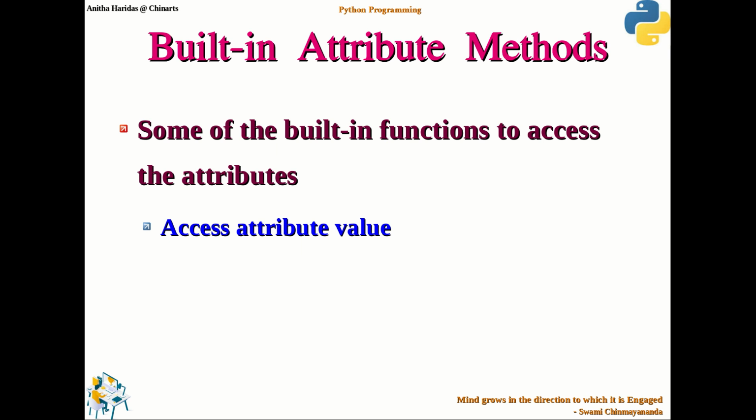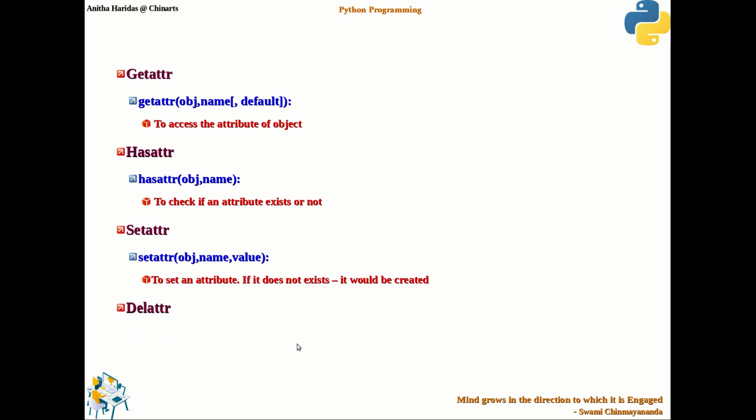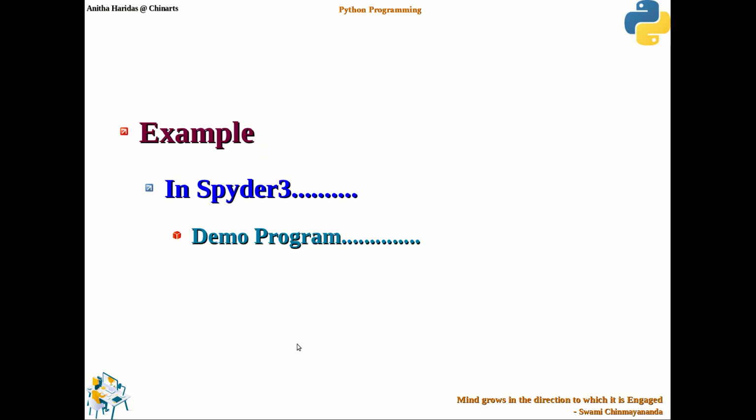Then we saw some very important built-in attribute methods, which are used for accessing attribute values, checking whether an attribute exists or not, and modifying or deleting an attribute value. We had a demo program also.